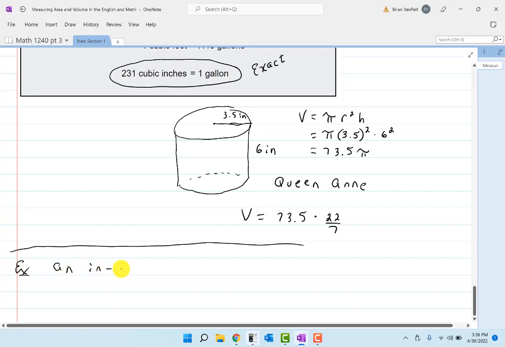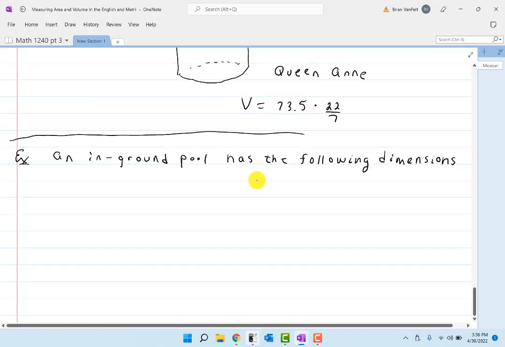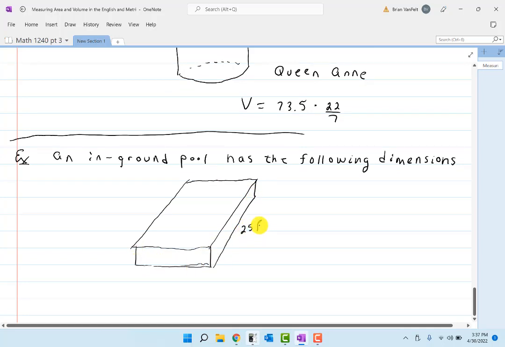An in-ground pool has the following dimensions. Let's say it's 25 feet long, 10 feet wide, and 6 feet deep.